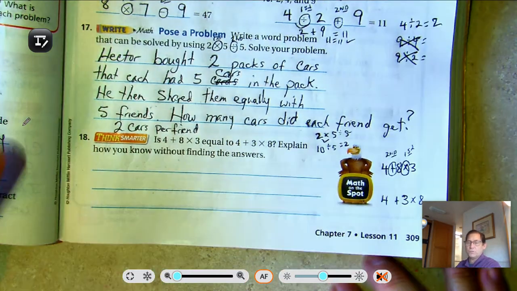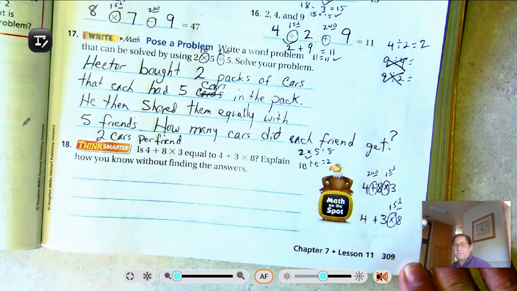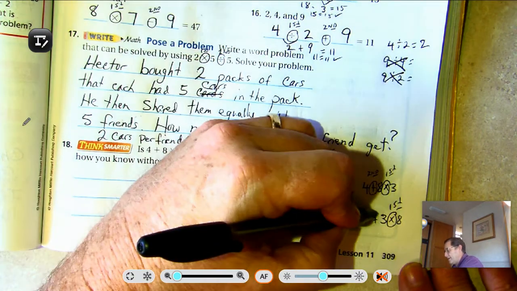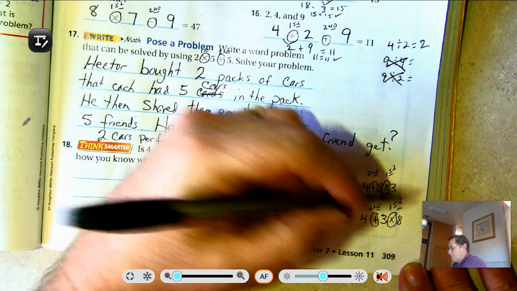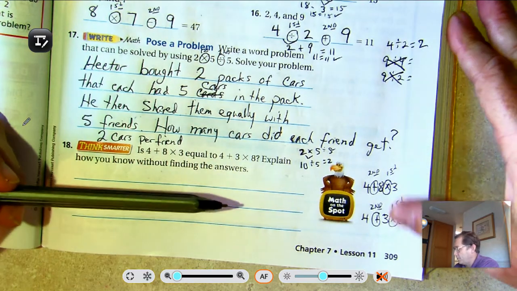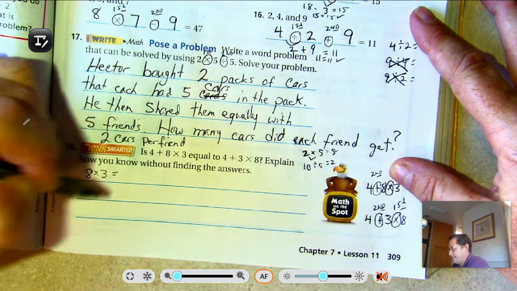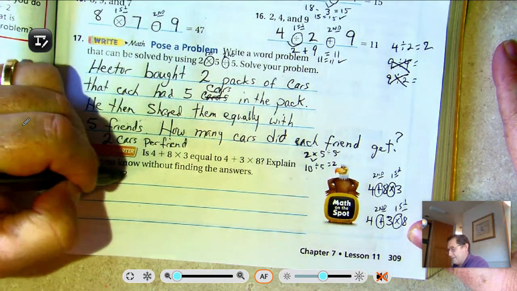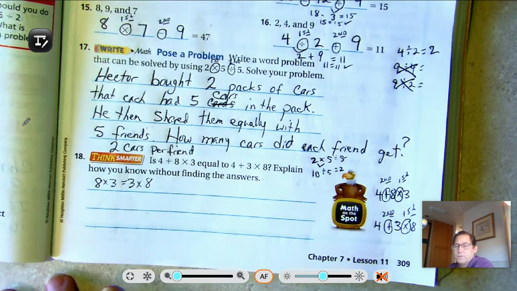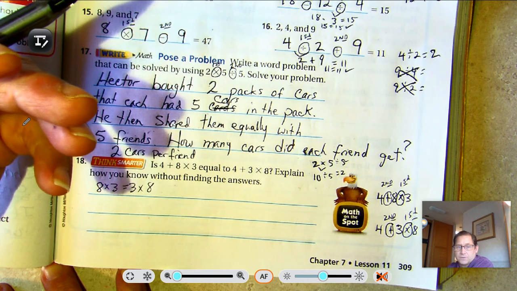Which one do we do first? We do multiplication. So multiplication first, followed by addition. So no matter how they've written it, we have to do the multiplication part first. In the first one, we're doing 8 times 3. In the second one, we're doing 3 times 8. Well, aren't those two equal? Yeah, they're the same factors. They're just in different order. And then we would add 4. So yes, they are equal.